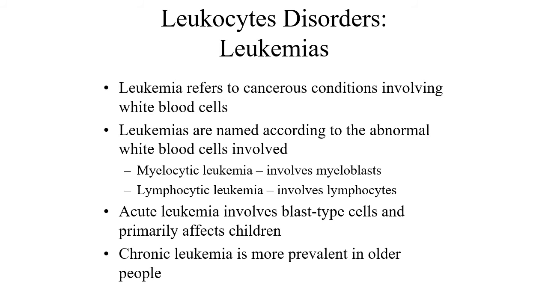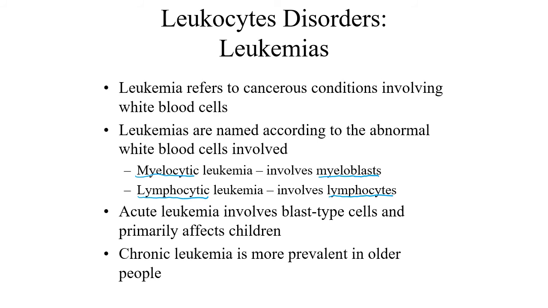We can talk about them as far as the types of cells that are involved. And so we have myelocytic leukemia. This involves the stem cells, the myeloblasts. And then we also have lymphocytic leukemias, and those involve the production of lymphocytes.